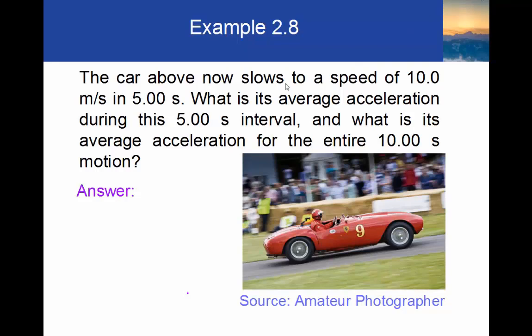Okay, after this happens, the car slows to a speed of 10 meters per second in 5 seconds. So we want to know what the average acceleration is for that interval, and also what the average acceleration for the entire 10-second motion would be.